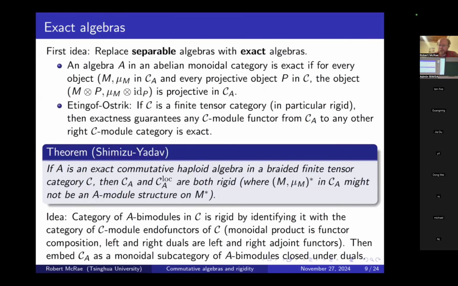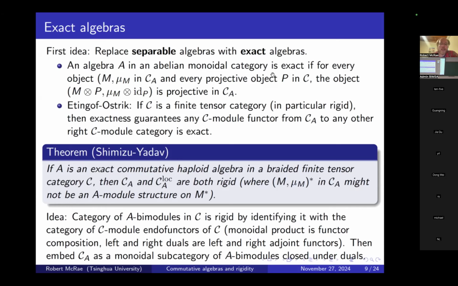So the first result I want to talk about uses this idea of, instead of looking at separable algebras, let's look at exact algebras. So the definition of exact algebra: let's say we have an abelian monoidal category where we can talk about projective objects, for example.